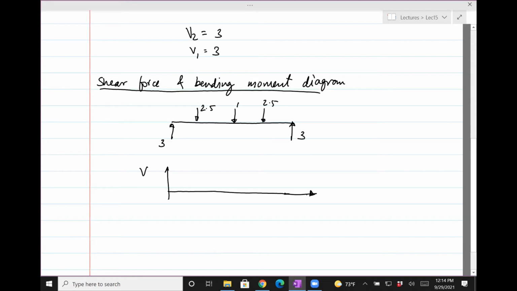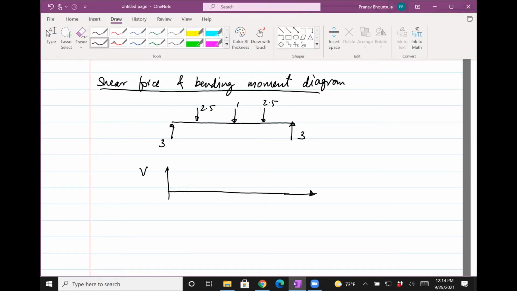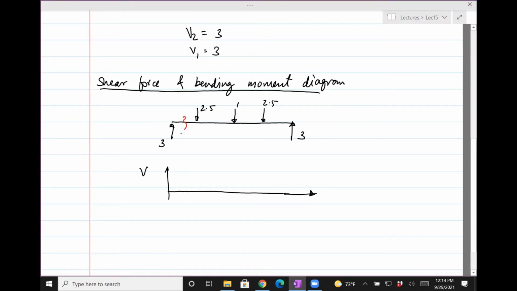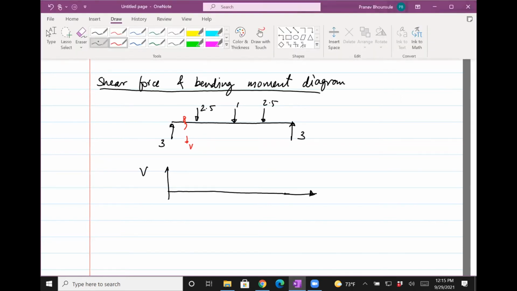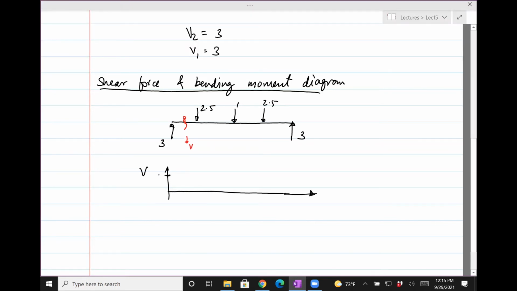So when you cut the section here, we would have a shear force of, well, it'll be 3, right? So some force over here has to balance this 3. And the convention is, since this V is downwards, we'll have to do 3 minus V equals 0. So V will be positive 3.